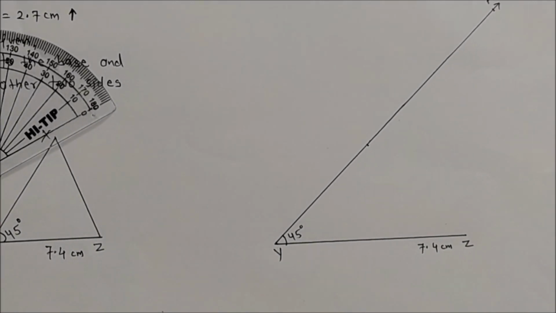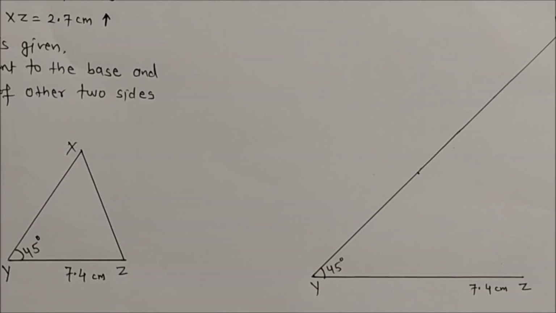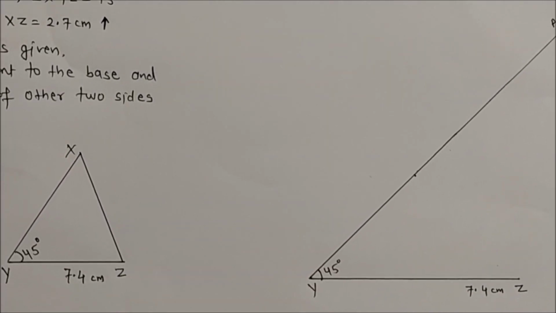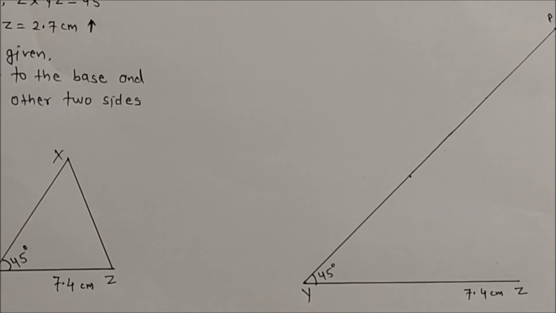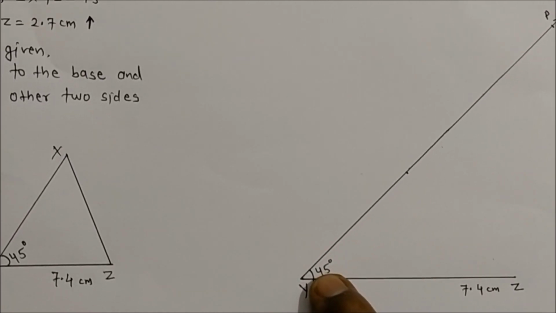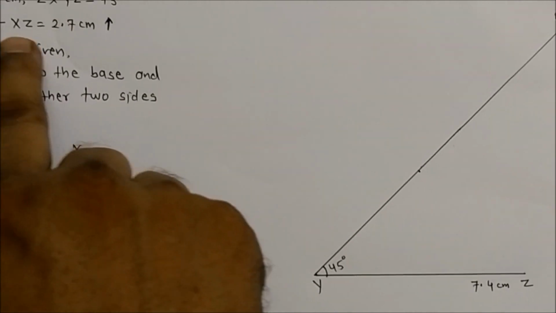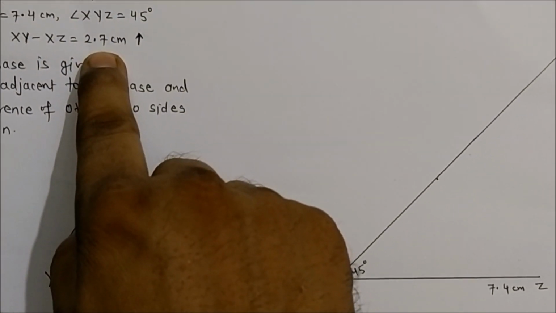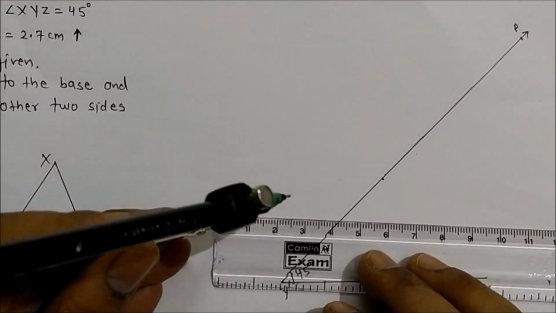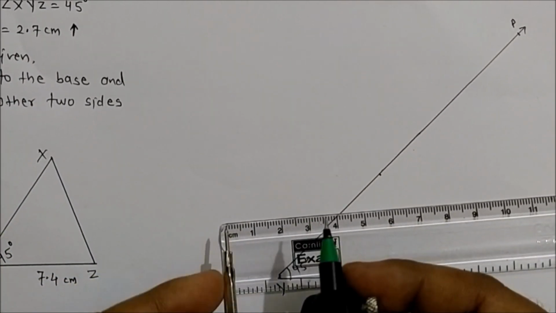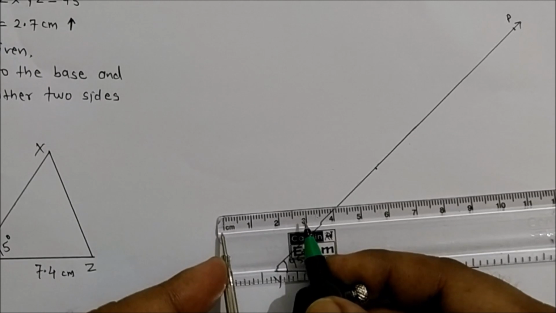Okay, then after making the angle of 45 degrees, now see XY minus XZ is 2.7 centimeter. So take the distance of 2.7 centimeter.